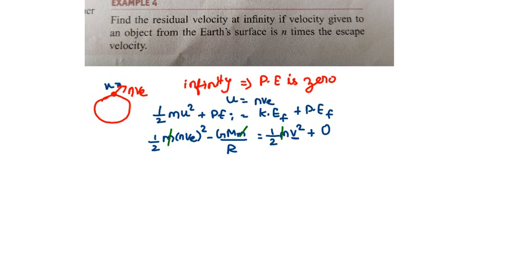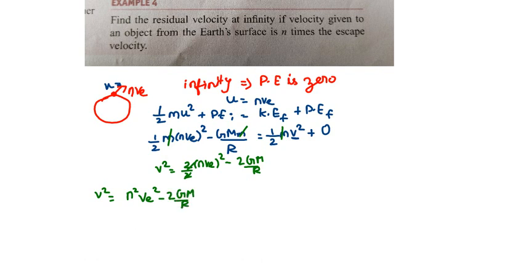If I need v square, I can take 2 common for both terms: 2 by 2, n square ve square minus 2GM by r. So this 2 gets cancelled. So v square is equal to n square ve square minus 2GM by r.